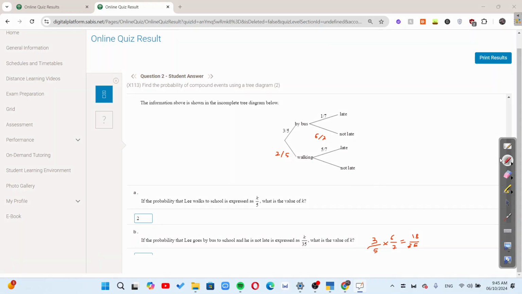By bus, it's 3 over 5 times 6 over 7, or by walking and not late, which is 2 over 5 times 2 over 7.